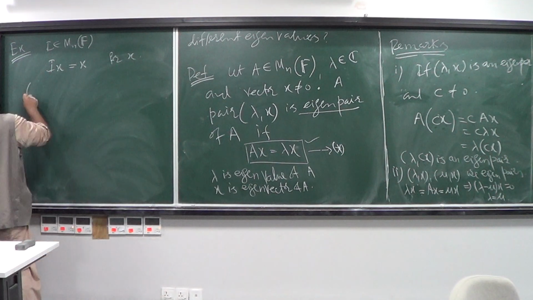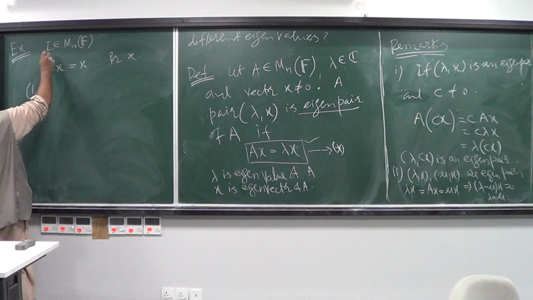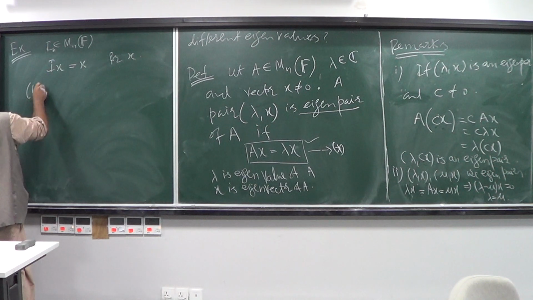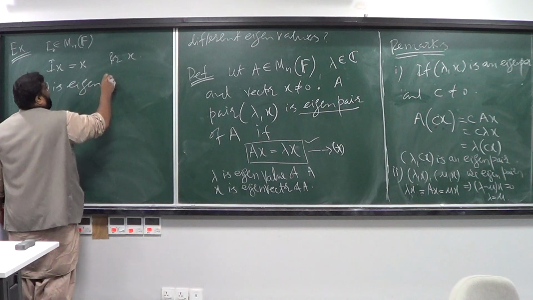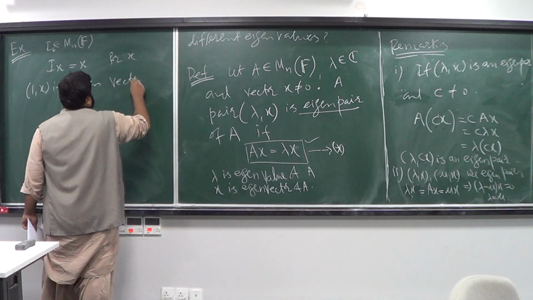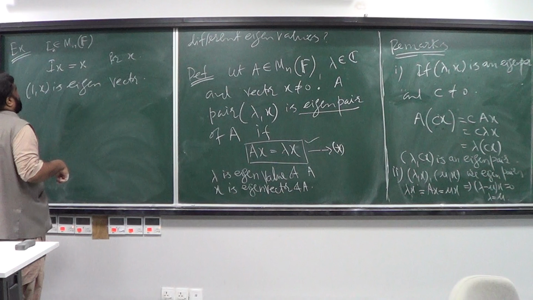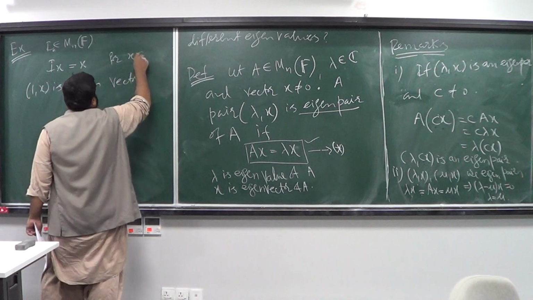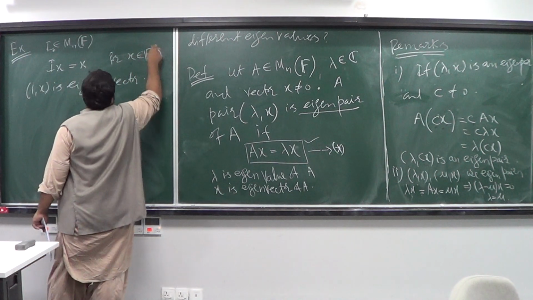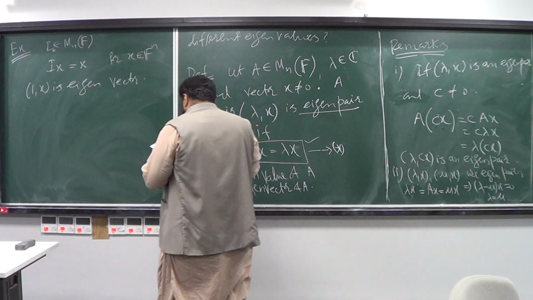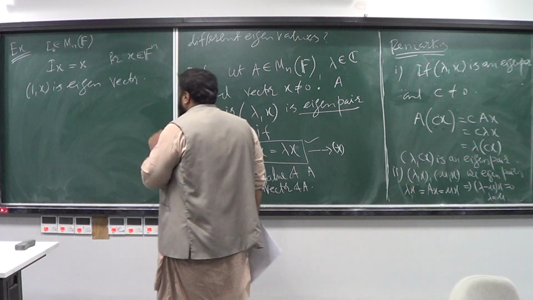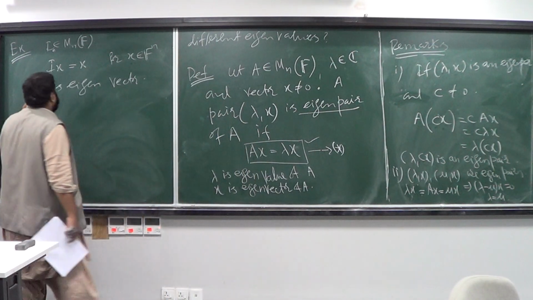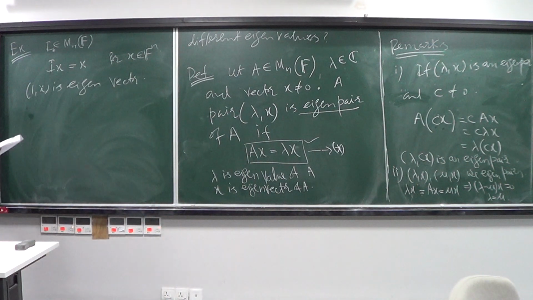That for the identity matrix I, 1x is an eigenvector. In other words, every single vector in Fn is an eigenvector corresponding to the eigenvalue 1 for the given matrix. So this is the first example.